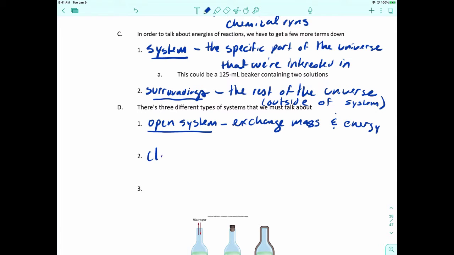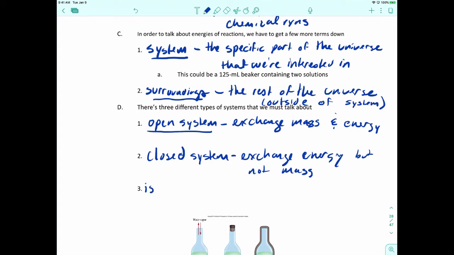You could have a closed system where you can exchange energy but not mass. And you can have an isolated system where there's no exchange of energy or mass.